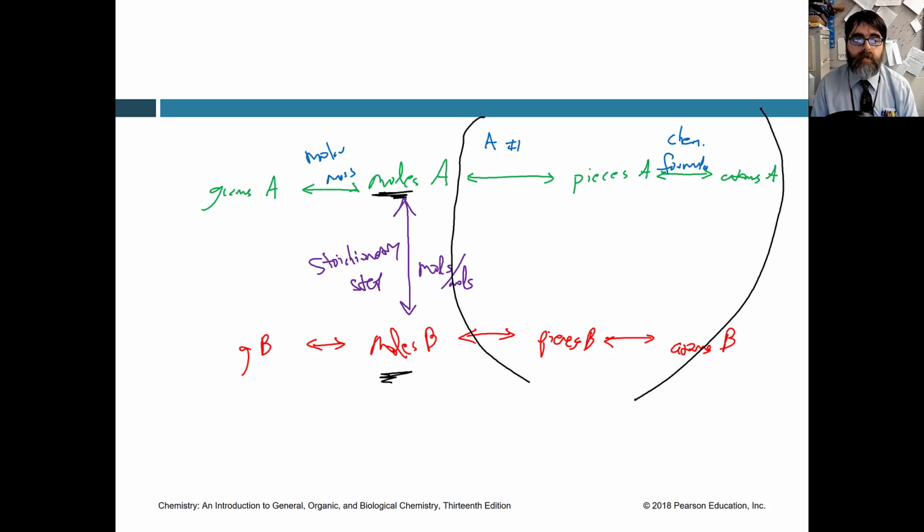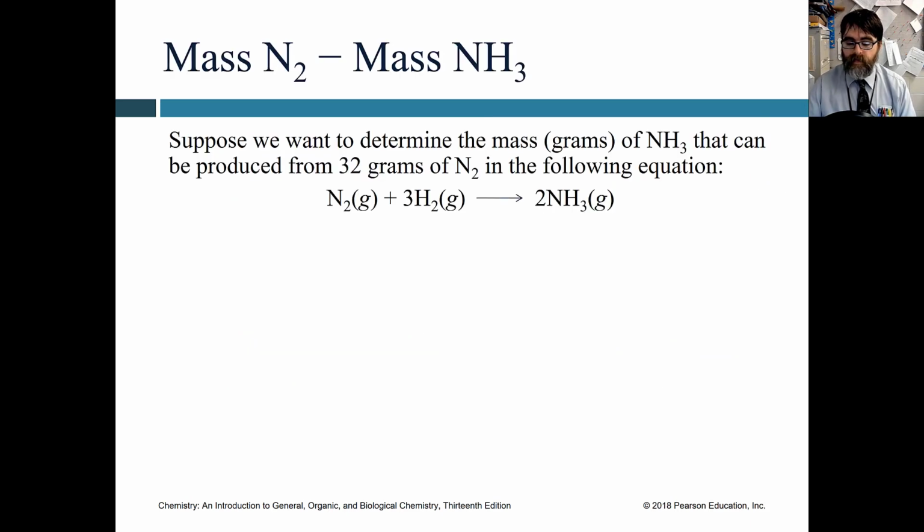And so in this section, we're going to look at this path here predominantly, where we can go from grams of one substance to grams of another substance, or vice versa, through our stoichiometry step. But if asked, you could go through those others, because this is just dimensional analysis. You know those units, and you know how to convert from one unit to another. So with that, let's try one of these.